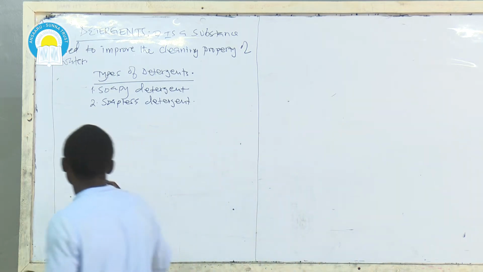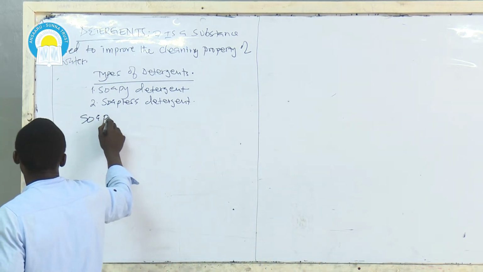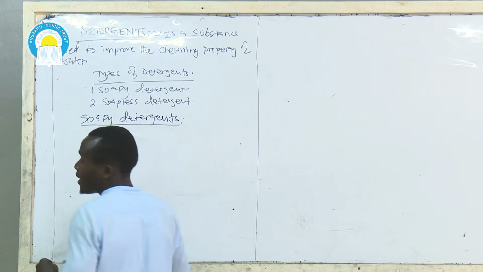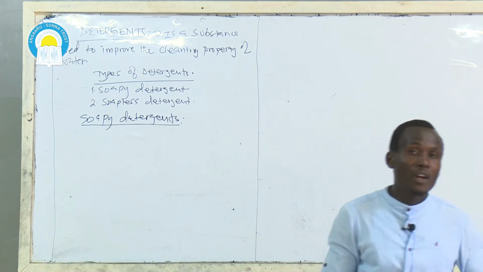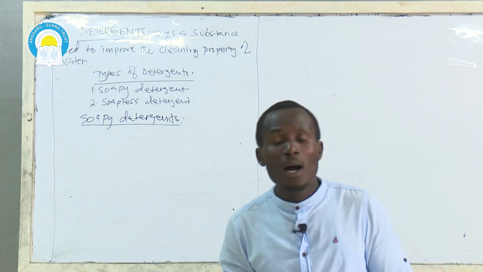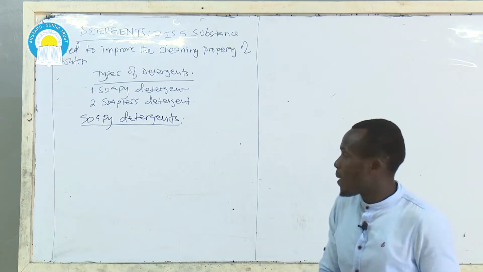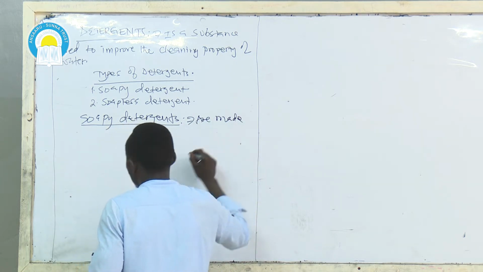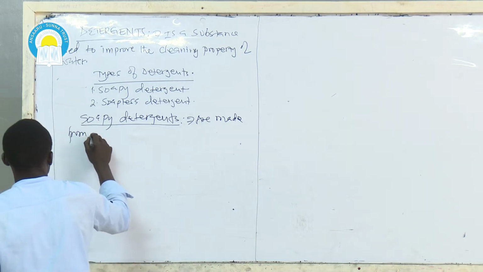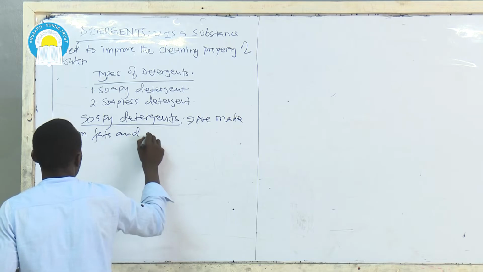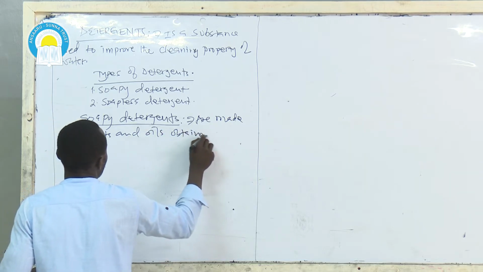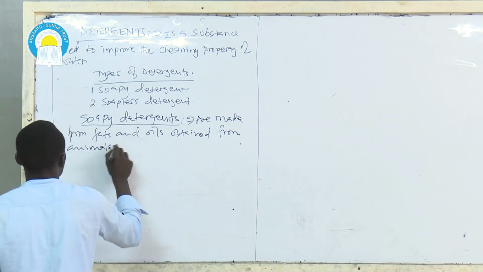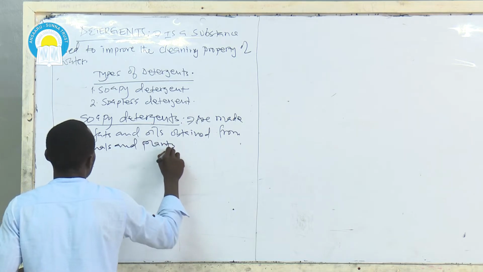If we first have a look at soapy detergents. Soapy detergents are made from fats and oils obtained from animals and plants.